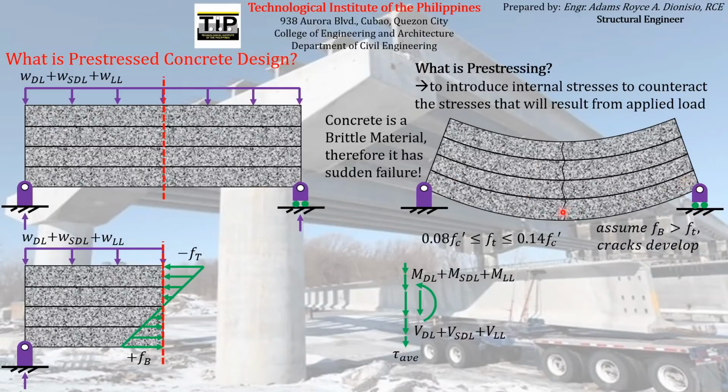So instead of yung concrete pa yung nagre-resist ng tensile stress, pagdating nung cracks dun sa location of the reinforcing steel, the tensile stress will be transferred from the concrete to the reinforcing steel. Therefore, the cracks will stop propagating. So hindi na magkakaroon ng sudden failure if we have reinforcing steel. That is the case in reinforced concrete design. Meron tayong reinforcing steel na nilalagay dito sa bottom part, malapit sa bottom part ng concrete beam natin.